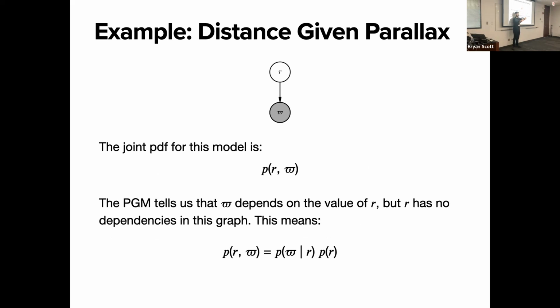There are no arrows pointing in at R. So from looking at this graph, we can factorize this joint probability distribution into P of parallax conditional on R. Another way of thinking of this arrow is that it puts a conditional bar in your probability distribution. And then we multiply that by P of R, which gets no conditional because nothing is pointing at it.